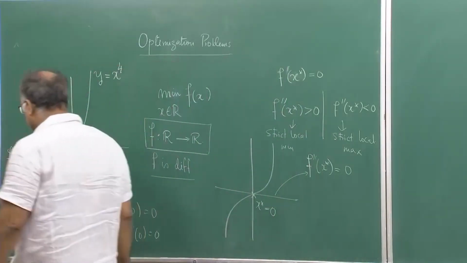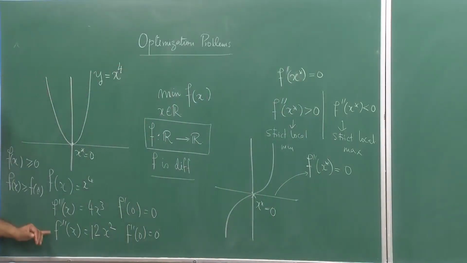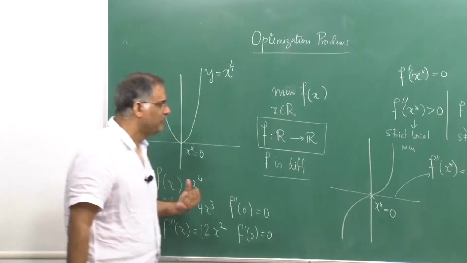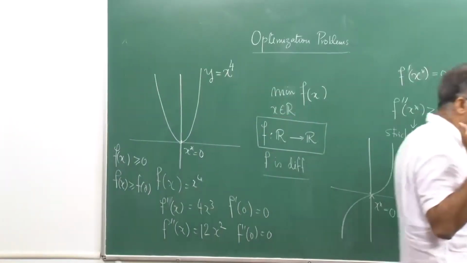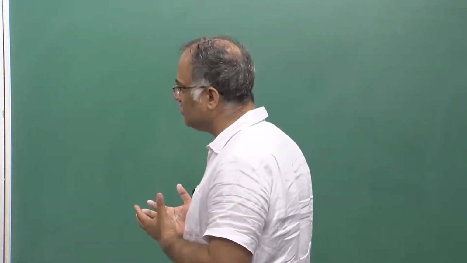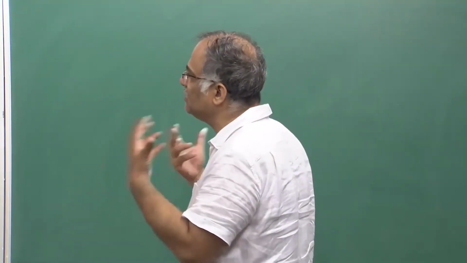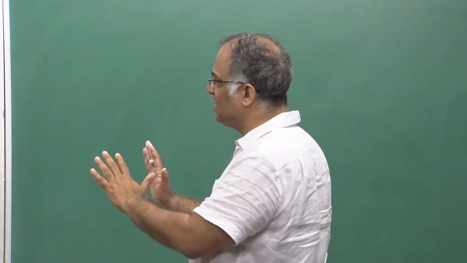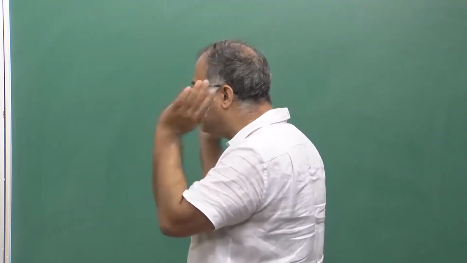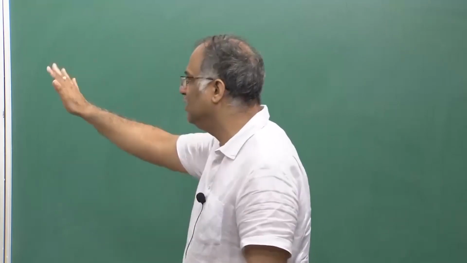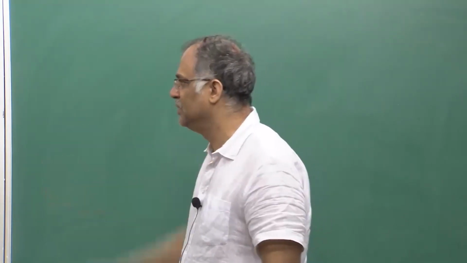Once the second derivative also fails to give me some information, we should rather try to draw the graph by current software, or we should try to look into some more other properties of the function which might tell us that okay, if f dash x star equal to 0 and the function has this additional property, then you get your minimizer.